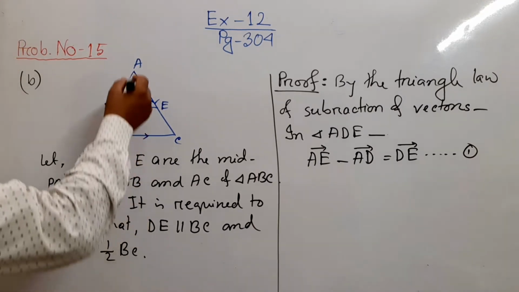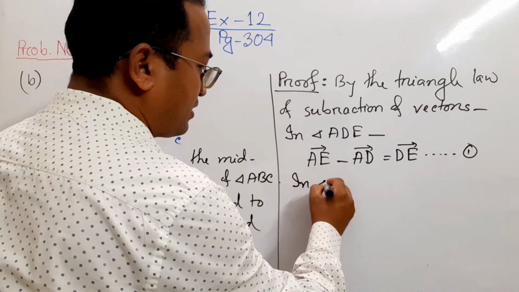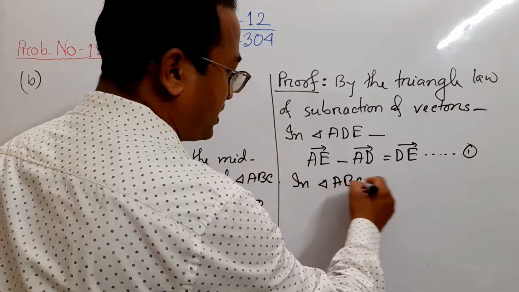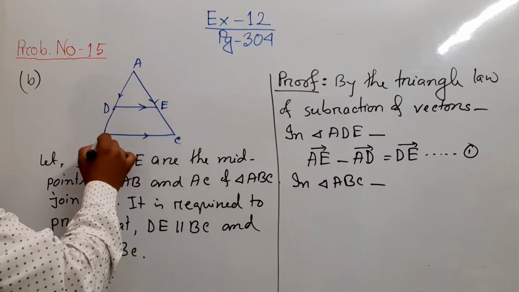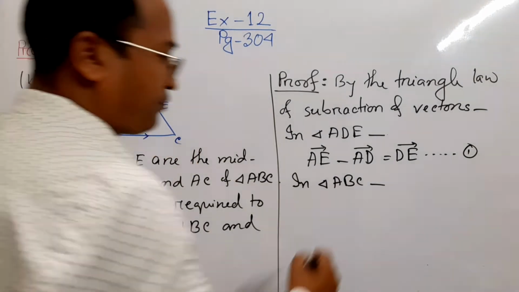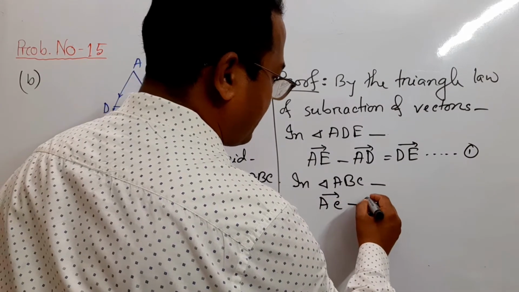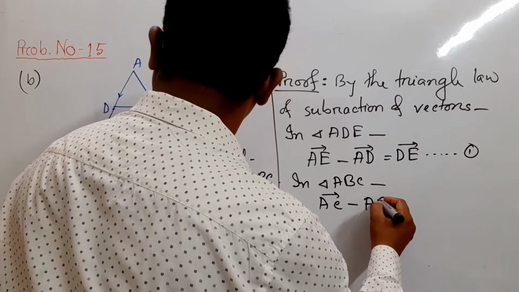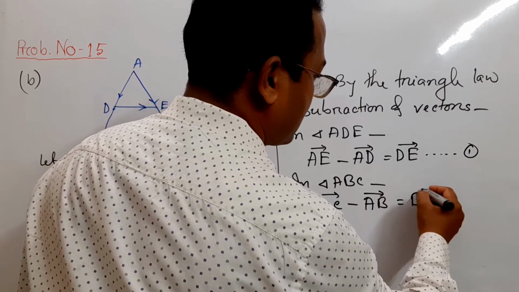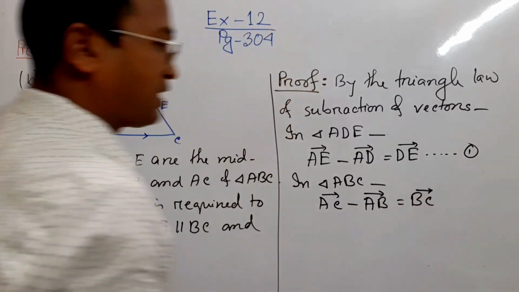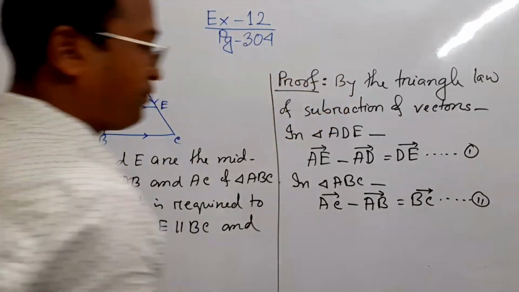Similarly, from triangle ABC, we get AC minus AB is equal to BC. Vector AC minus vector AB equal to vector BC. This is equation number 2.